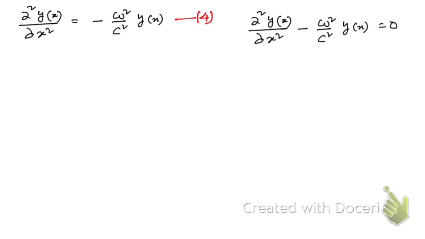Okay, and the general solution of this kind of differential equation is of this form. Let me show you. Y of x is equal to a1 cos omega by c x plus b1 sine omega by c x.